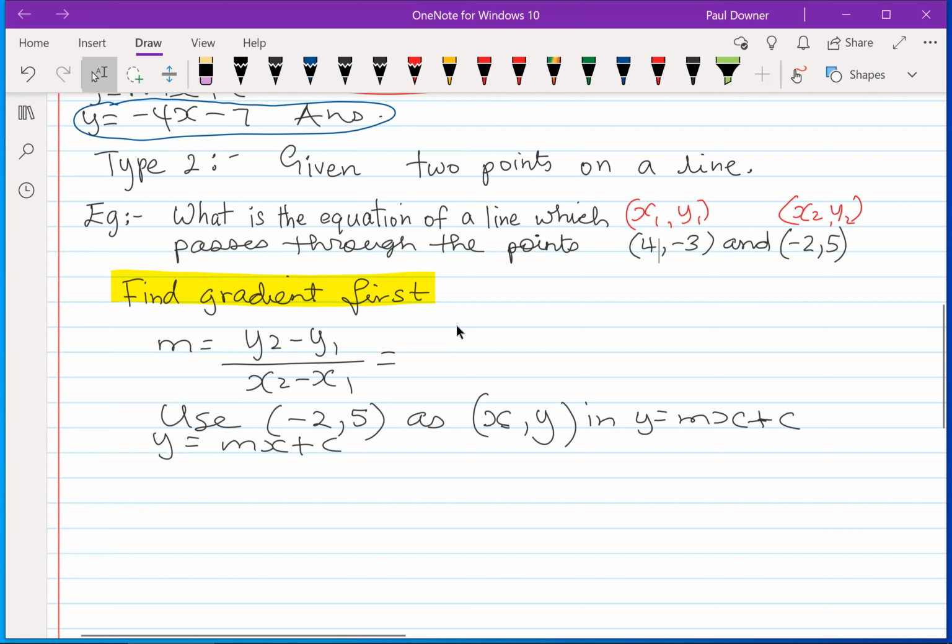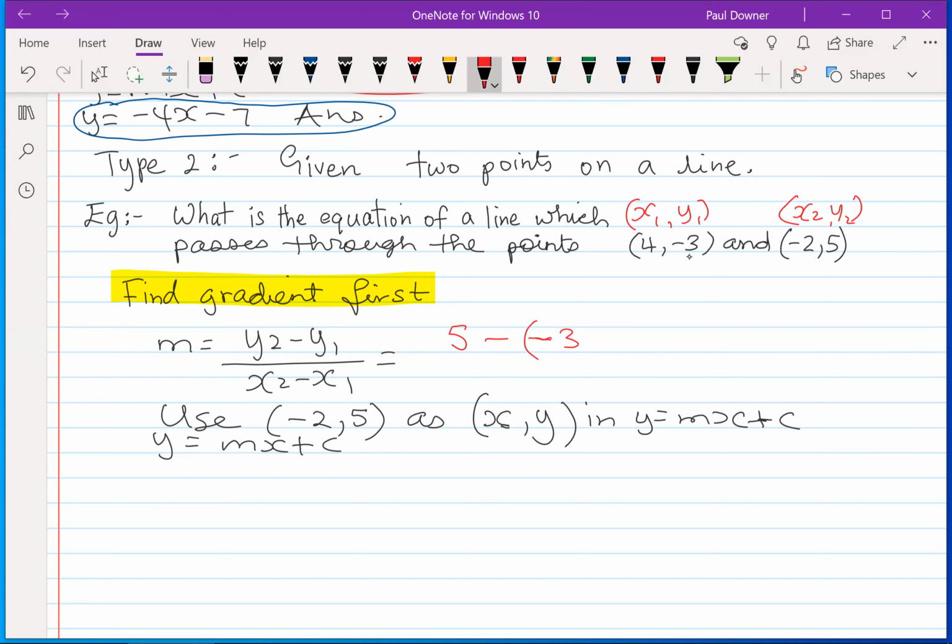Y2, in this case, let's look across here. Y2 here would be 5. So I'm going to write down 5. Minus y1. What is y1? Look, y1 here. Let's go across here. Y1 is going to be negative 3. Now, here's the trick. Sometimes people just write down 3 here, but it's really negative 3. So let's not get confused.